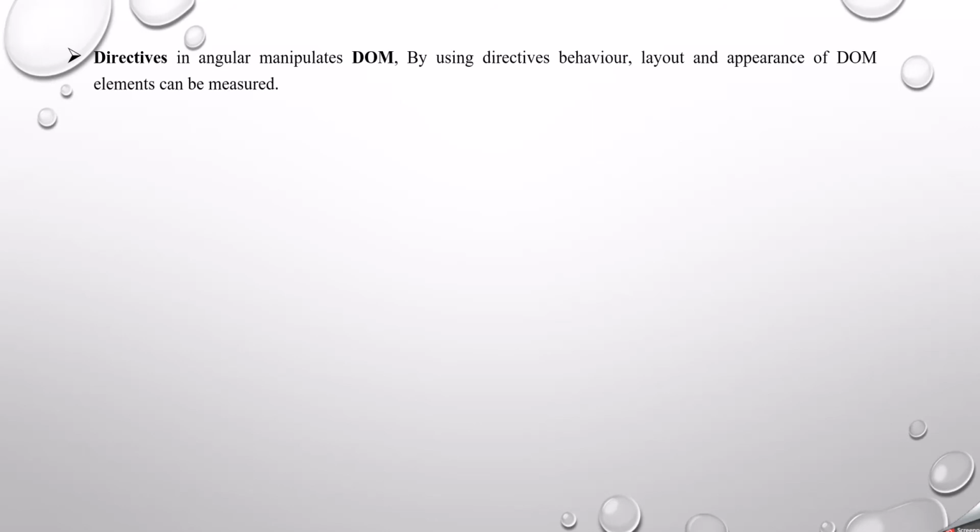Today we are discussing what a directive is and why it is used. Directives in Angular manipulate the DOM. DOM stands for Document Object Model. Whenever we render a web page, think of the HTML elements going to the Document Object Model, which creates the document.